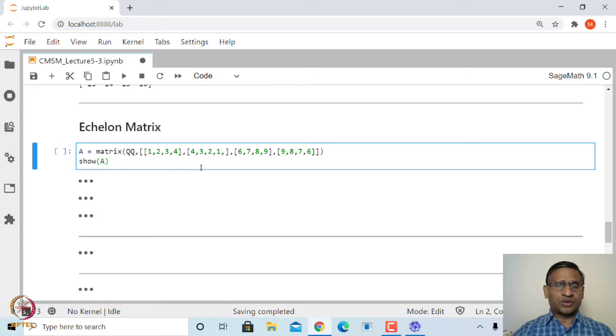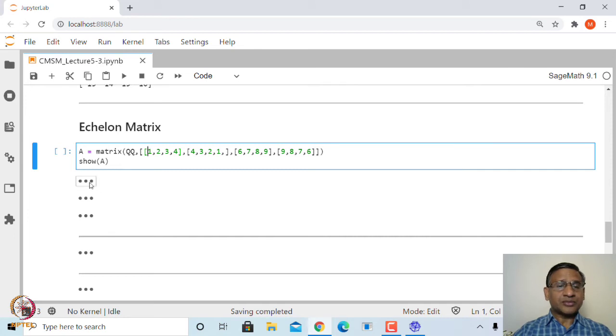And if there is a non-zero element in a row, then in that particular column all the elements following it should be 0, and that element we generally call a leading element. If you look at that particular column, all the entries after it will be 0. These are called Echelon matrices.